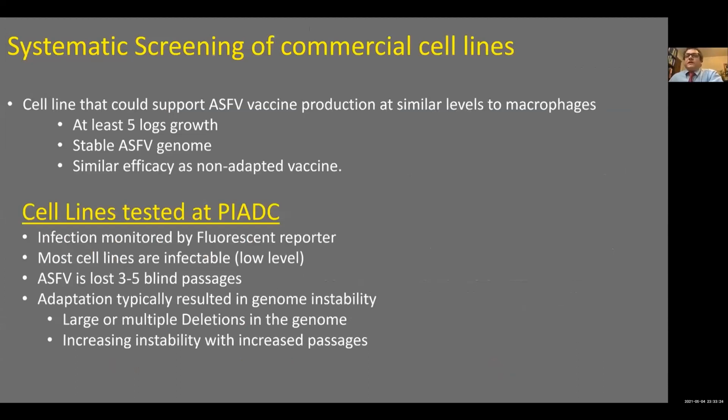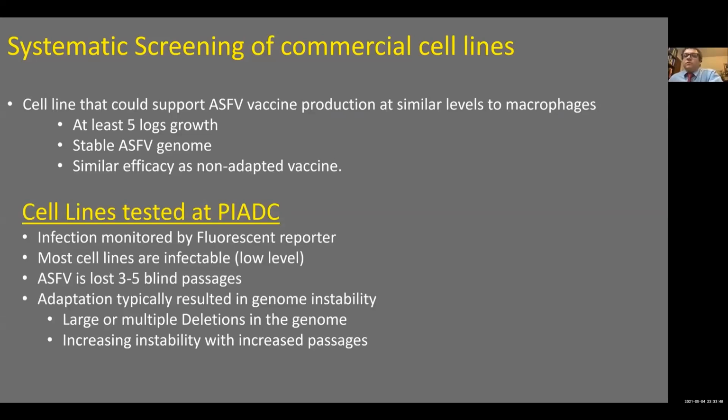So to try to solve the vaccine cell line problem, we did a systematic screening of commercial cell lines. We were looking for a cell line that could support vaccine production similar to macrophages, with at least 5 logs growth, a stable ASF genome, and similar efficacy as non-adapted vaccine.